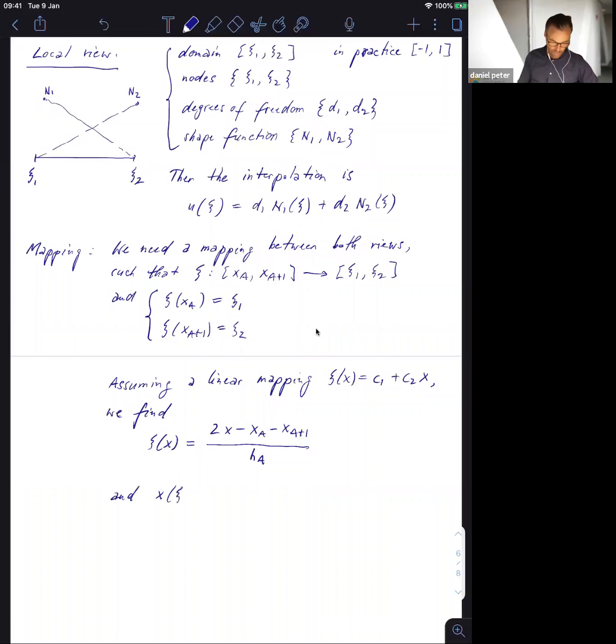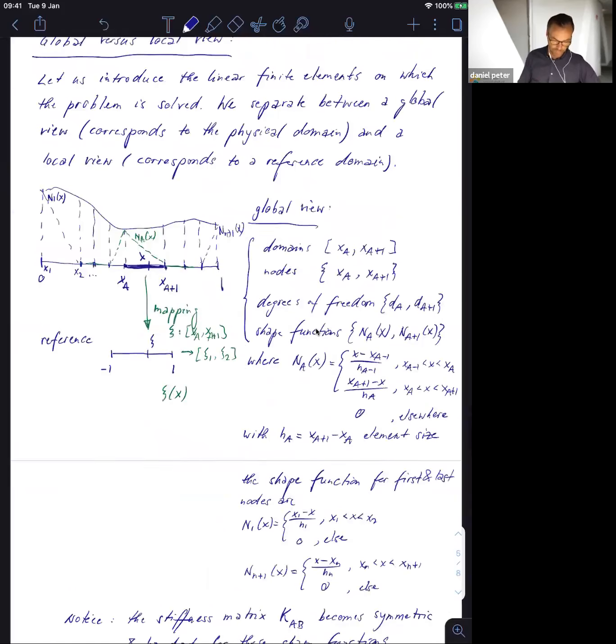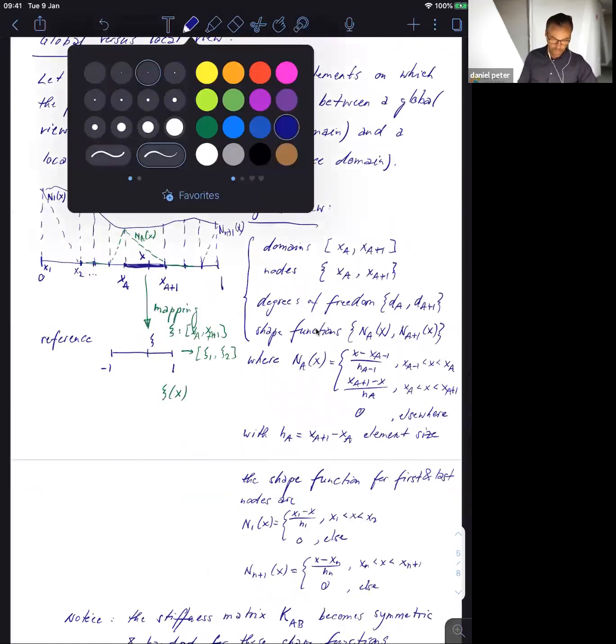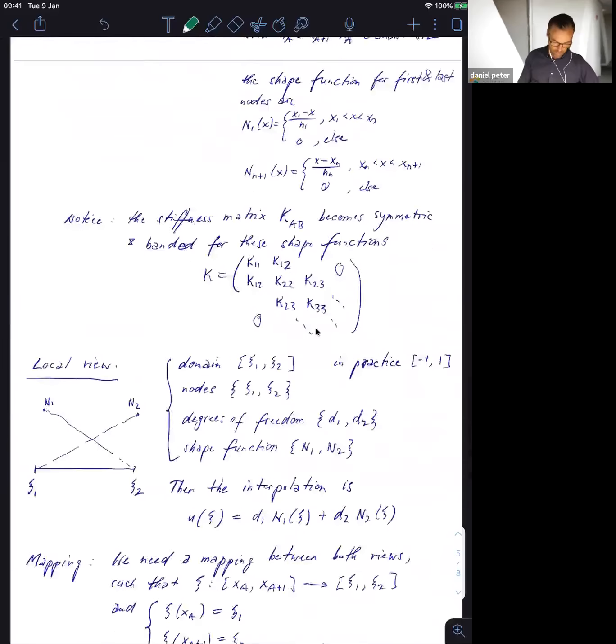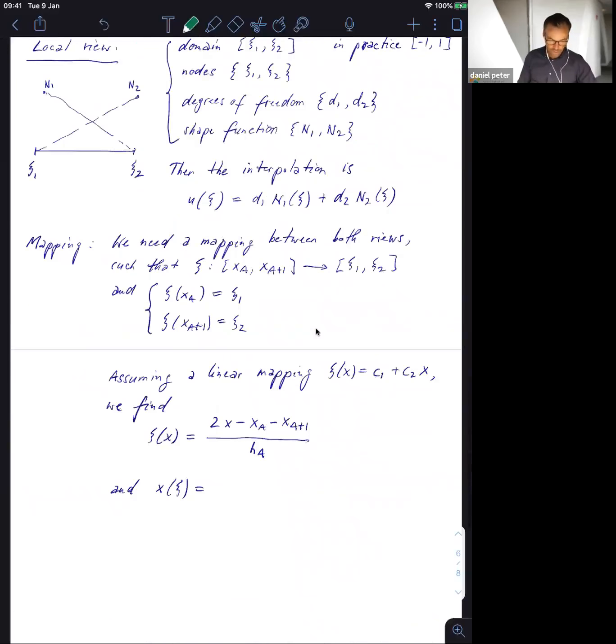And we can go back to the physical domain. Given position psi, we also want to go back to the physical domain x again, so that it's an invertible mapping.